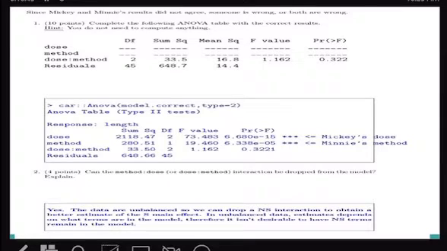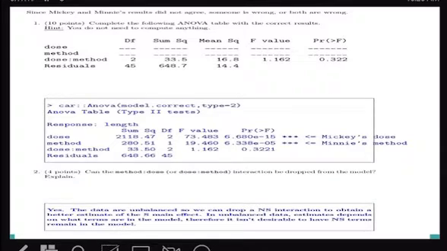Now I'm going to go into question number 2. It says, can the method-dose interaction be dropped from the model? There are several ways to drop an interaction from a model, apart from looking at the p-value. In fact, type 2 sum of square does not take interaction into consideration, except type 3.